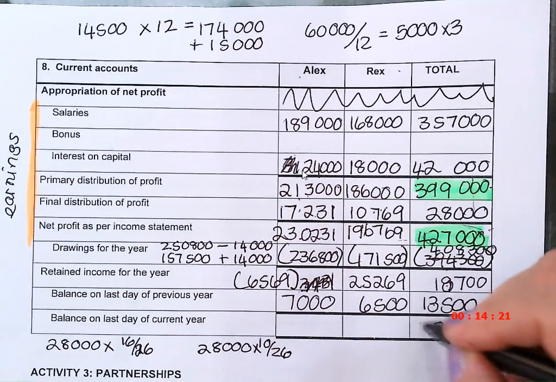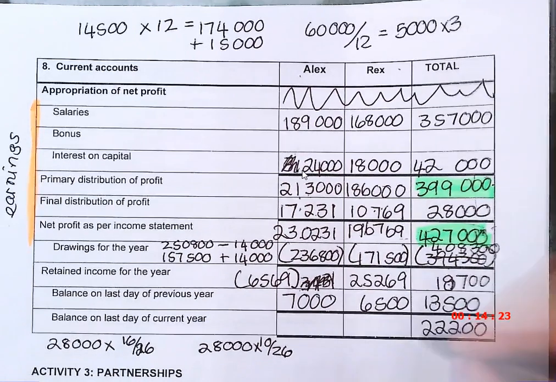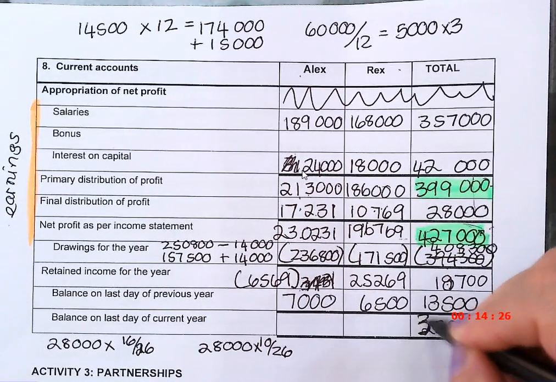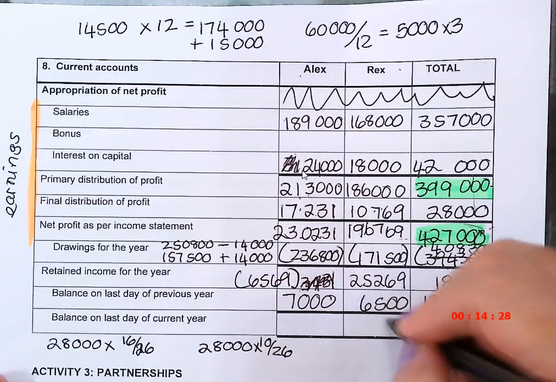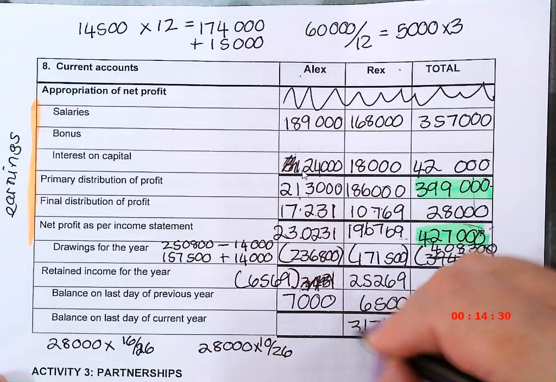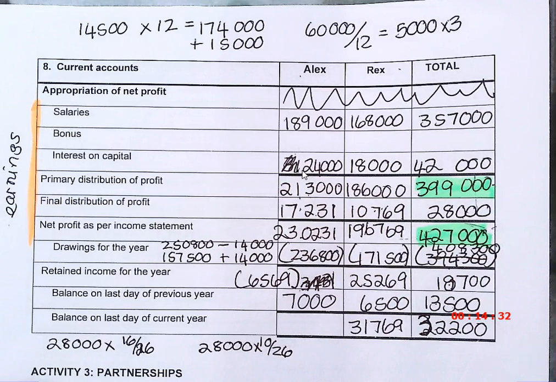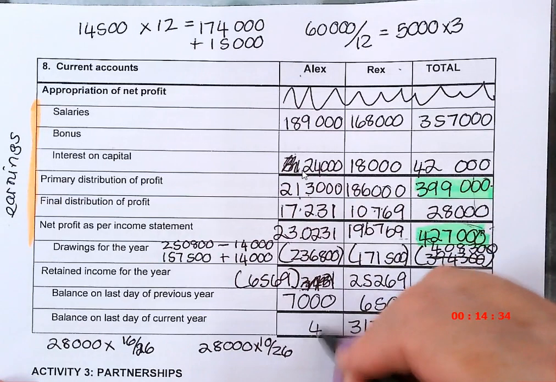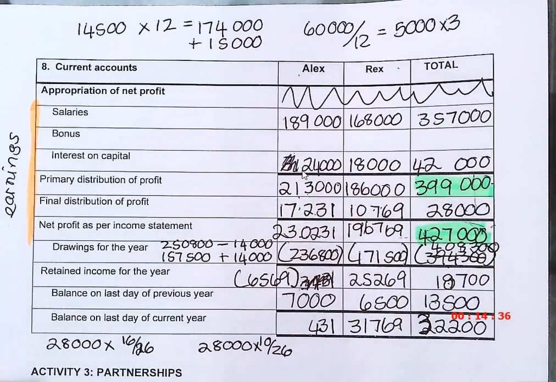Is it 22,200? 32,200. Okay. This and this one is 431. Because you start negative plus the 7. Are we fine?